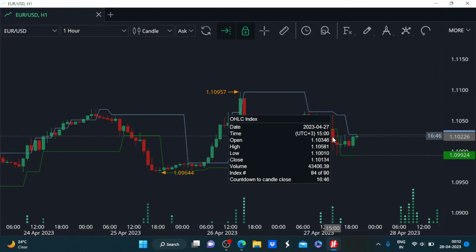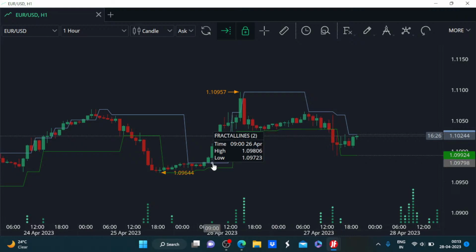As expected, you can make an informed guess that when the price action is happening above the upper band of the fractal lines band, that is going to be considered bullish, strongly bullish. And when the price is unfolding below the lower band line, then the price is considered strongly bearish.